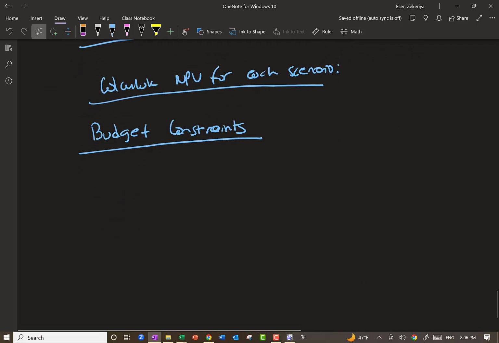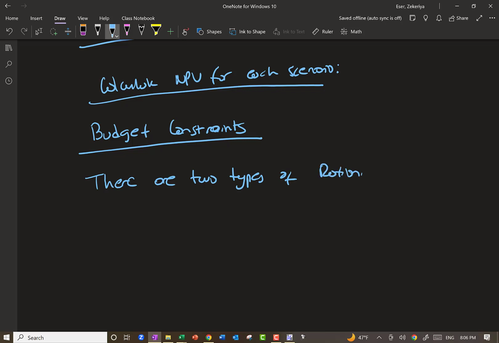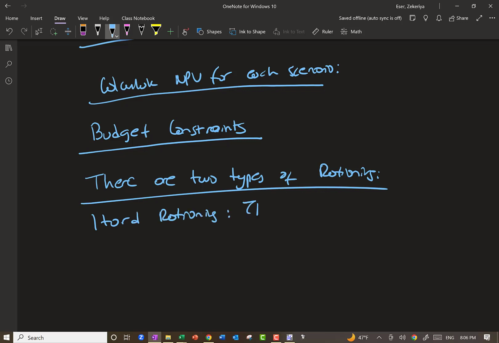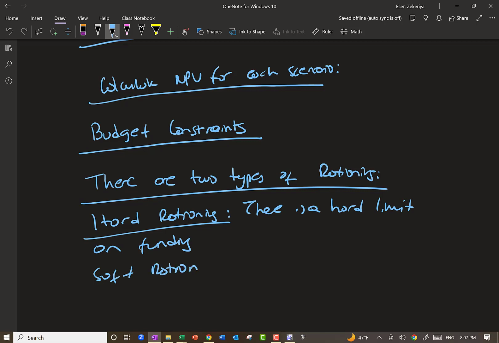So when there are budget constraints, there are two types of rationing. One is called hard rationing. There is a hard limit on funding, and there's a soft rationing, somewhat flexible.